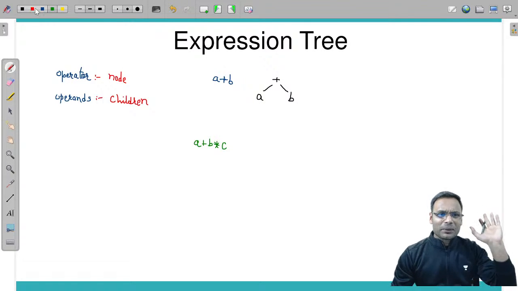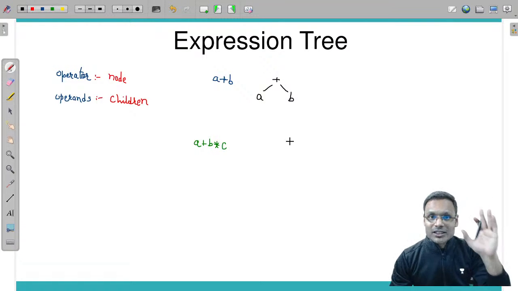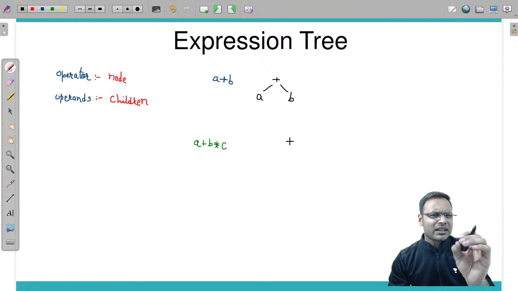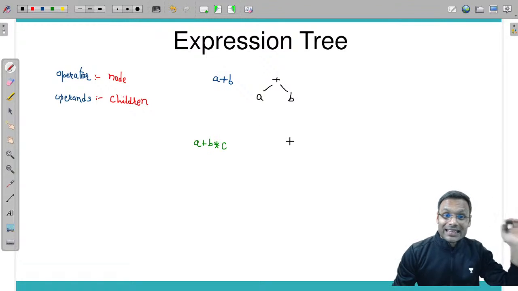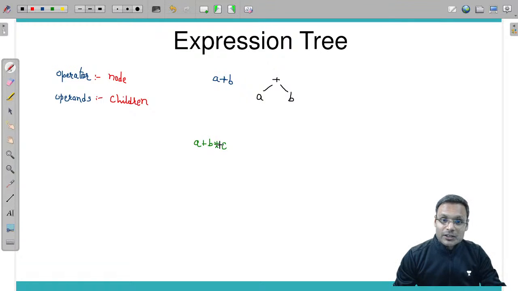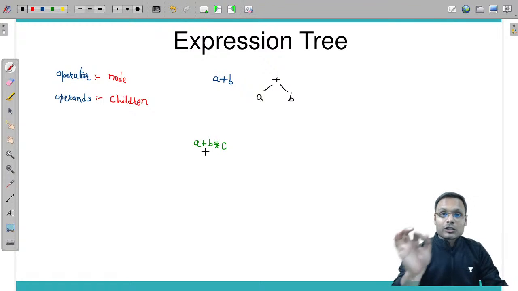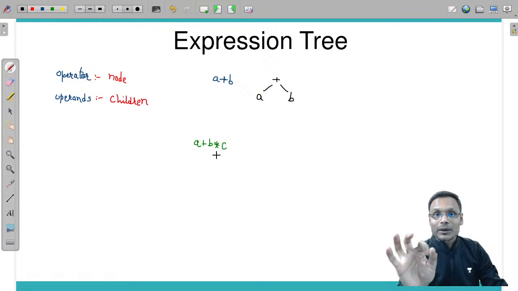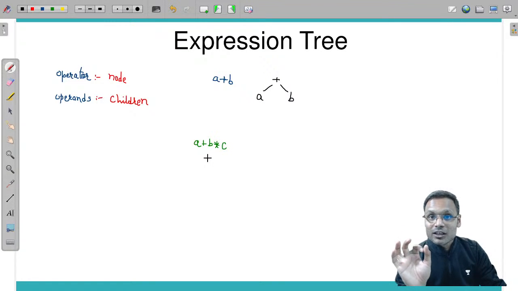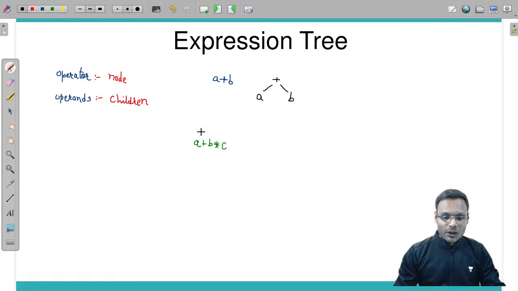It's a very simple concept. आप थोड़ा सा concentrate करेंगे, you will understand it very easily. If you are having a plus b into c, two operators are there, plus and multiplication. Among the two operators, which operator you will solve first? कौन सा solve करोगे जल्दी बताओ, कौन सा ऑपरेटर पहले सॉल्व करोगे? मल्टीप्लीकेशन.